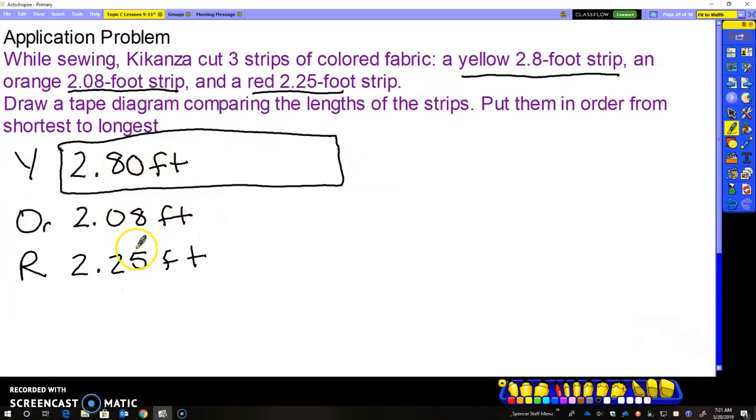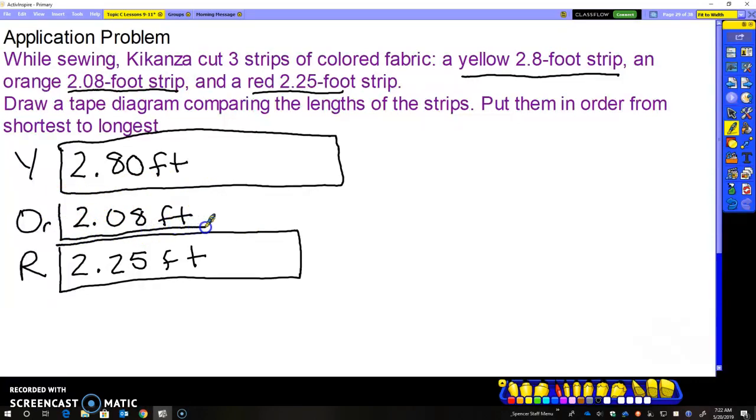Alright, so now I have to compare my orange and my red. Well, orange doesn't have any tenths, and we know those tenths are larger than the hundredths. So the 2/10 looks like it's the next longest fabric, which leaves 2 8/100 to be the shortest.